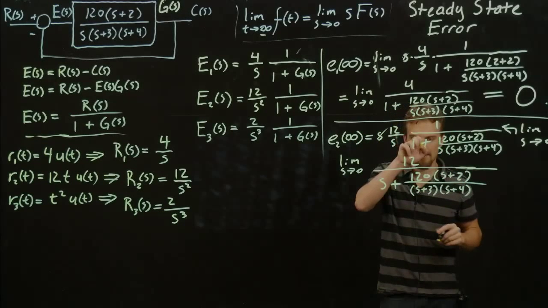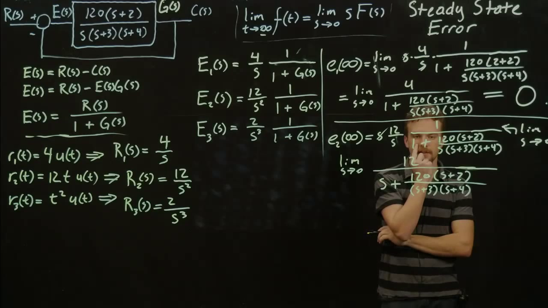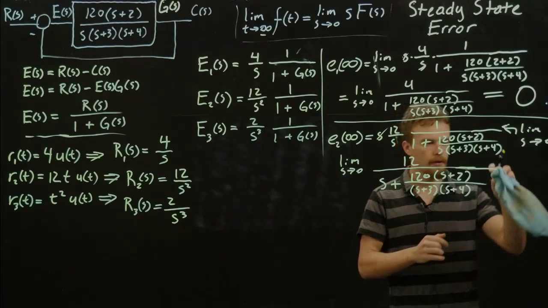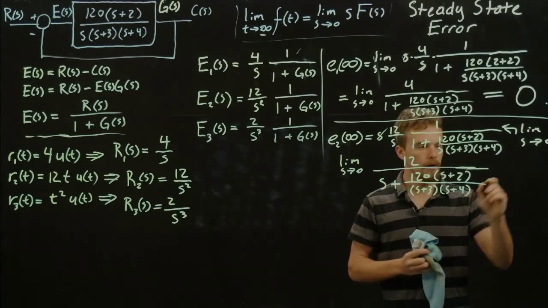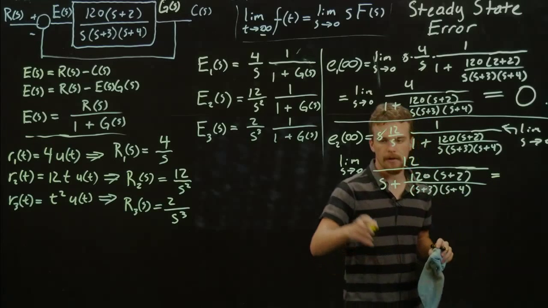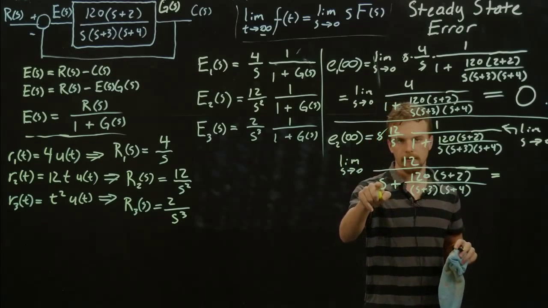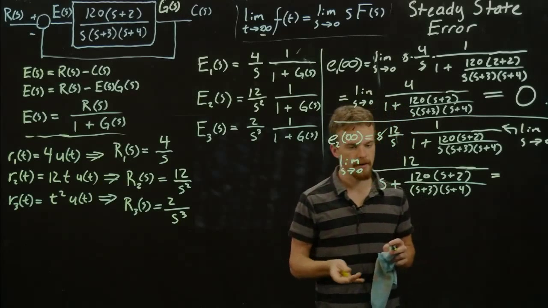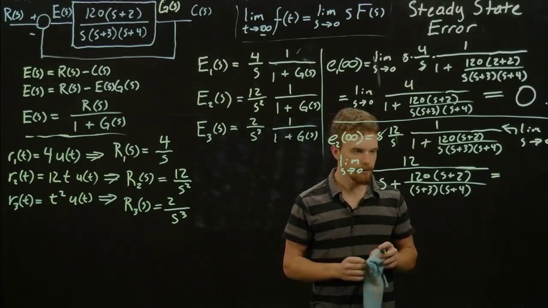Let's think about what happens to this as s goes to 0. As s goes to 0, this term will go to 0, and that's fine. We don't care about that term. It's by itself and getting added, so that's insignificant.